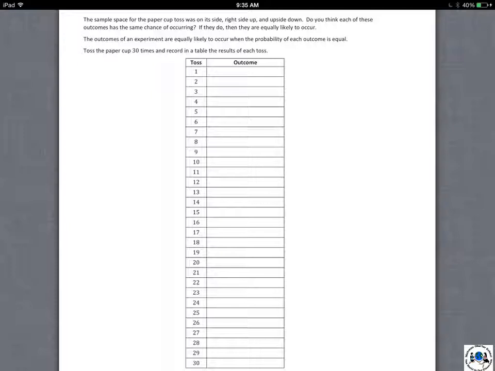Now, this is where the lesson, if you're going to go ahead and do this, these flipping of the paper cups, go ahead and find a paper cup.